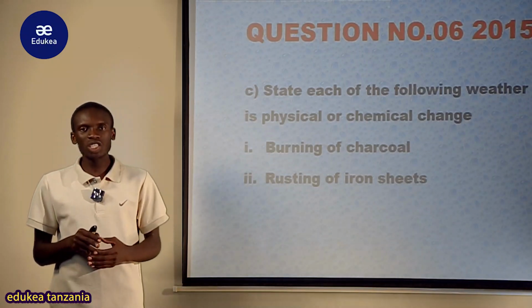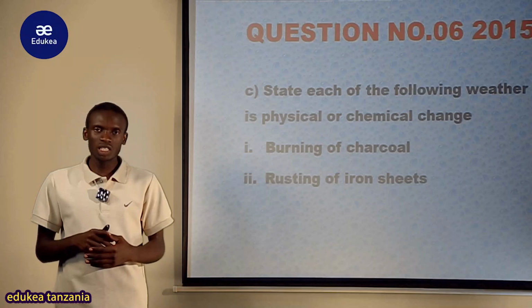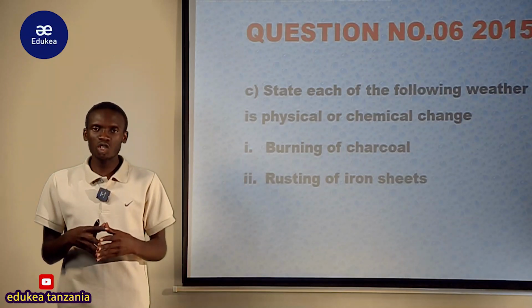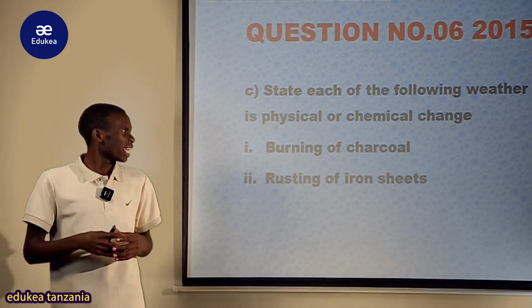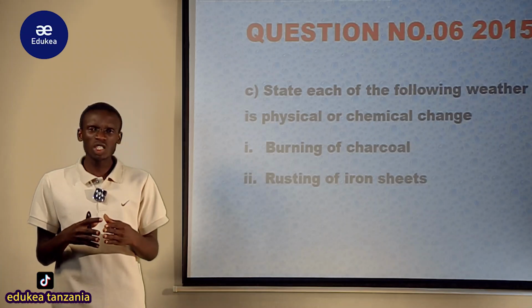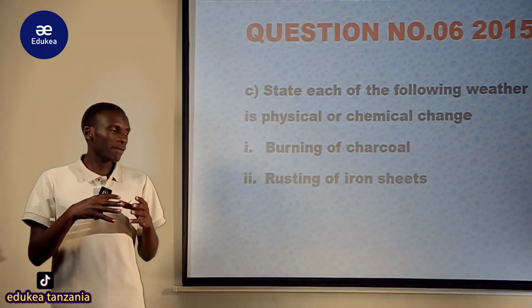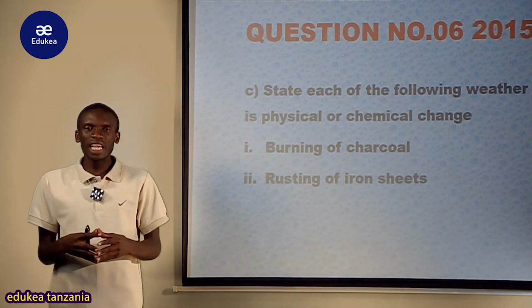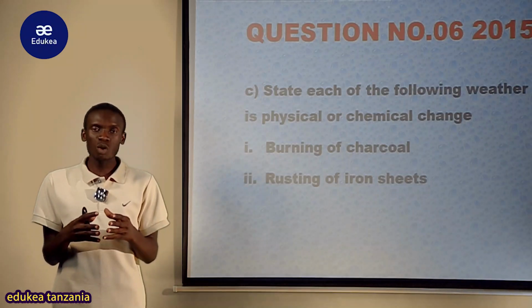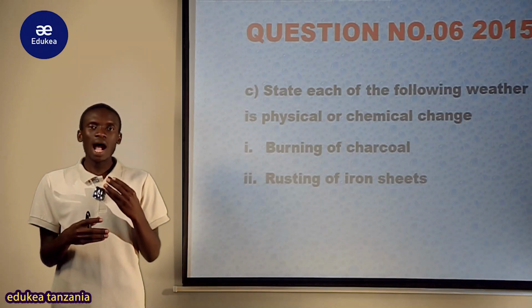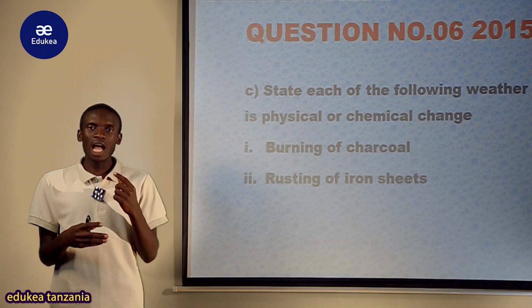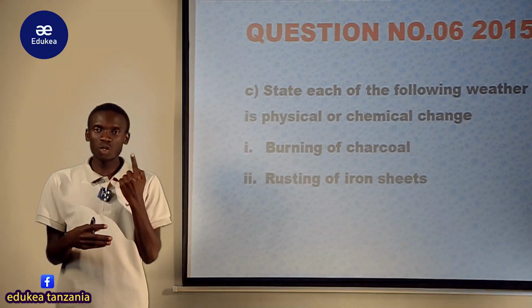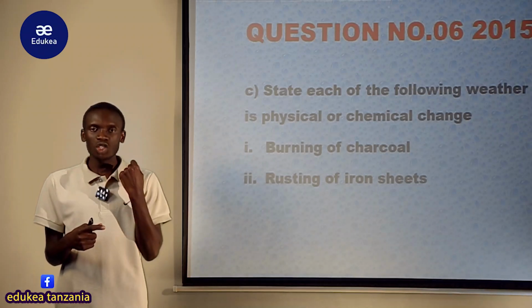Kwa kujua chemical change ni nini na physical change ni nini, ilikuwa rahisi sasa kwa mwanafunzi kuweza kujua kwamba burning of charcoal is a physical change or a chemical change, and rusting of iron sheet is a physical change or chemical change, because he or she has a knowledge about those physical change and chemical change.